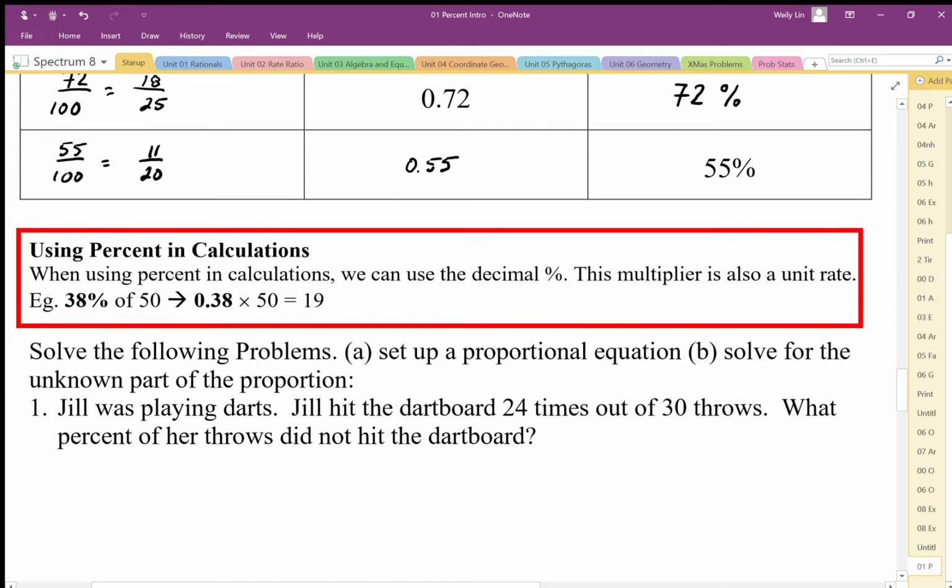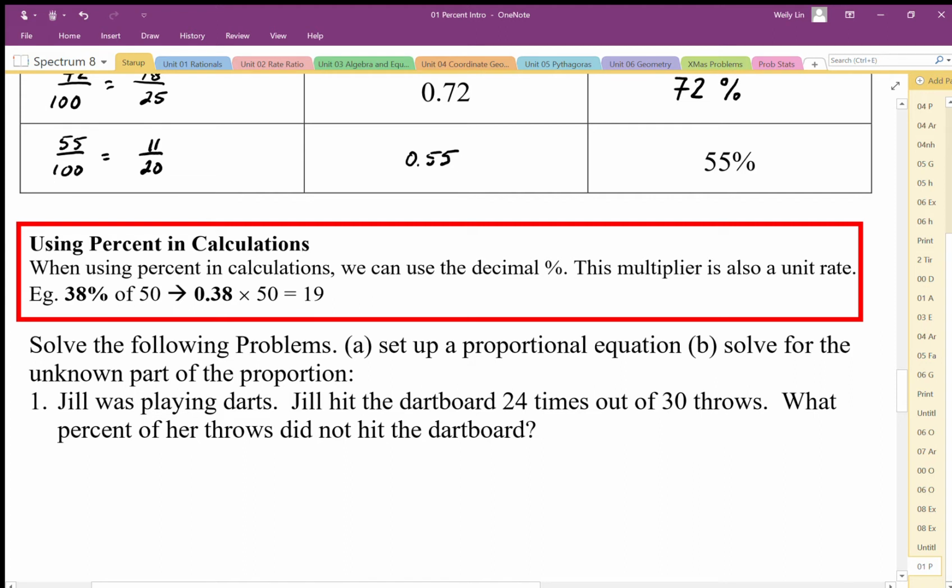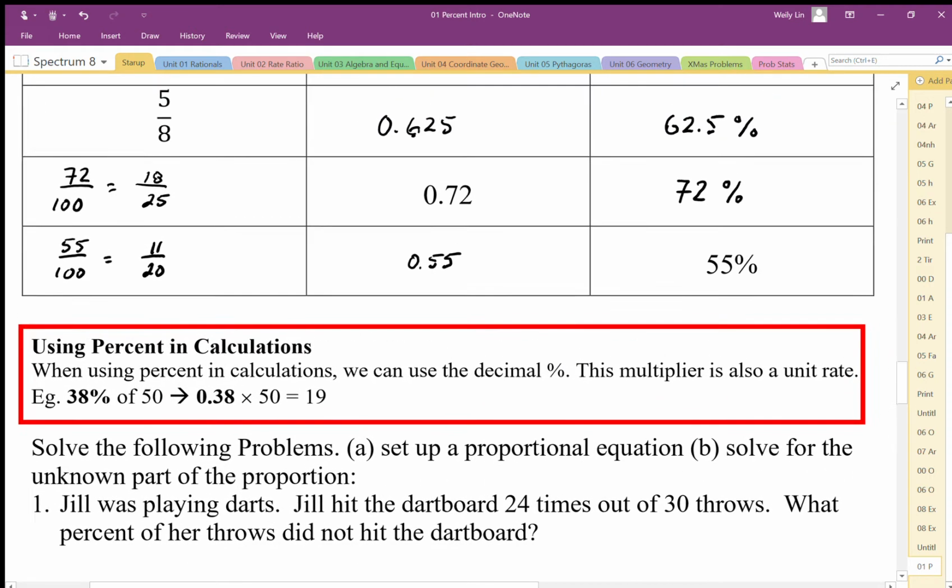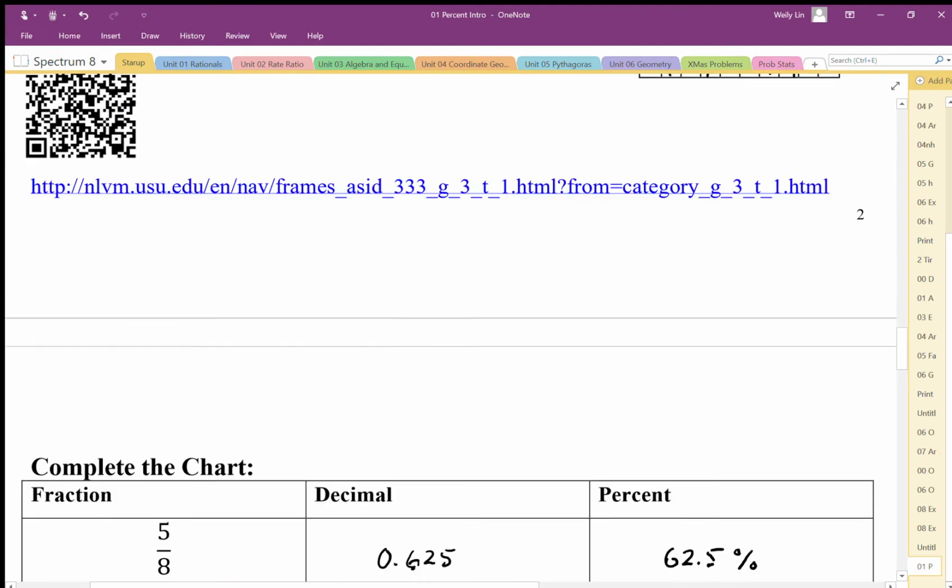Now, this example is shown in the red here. This is using percent as a multiplier. And again, it's really important to make sure that you first of all understand how percentages can be set up in a proportional equation. But you may have noticed in some of the questions that we can use the percent as a multiplier.